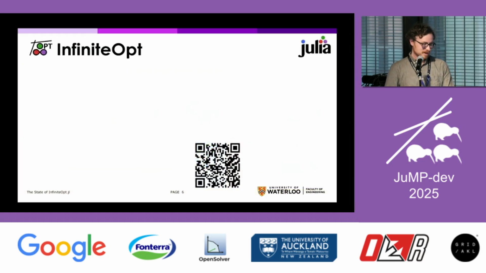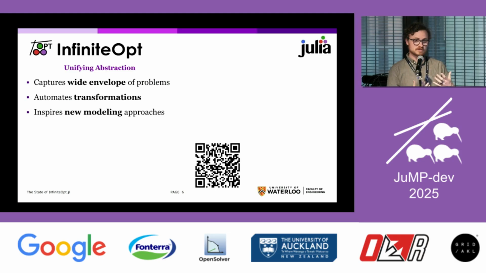So InfiniteOpt, the package. This is the Julia package that extends JuMP to implement this modeling abstraction, helps us capture the wide envelope of problems, and it automates a lot of transformations, namely different types of direct transcription to solve these. It's also helped inspire some new ways of modeling these types of problems. I'll go into that in just a little bit.